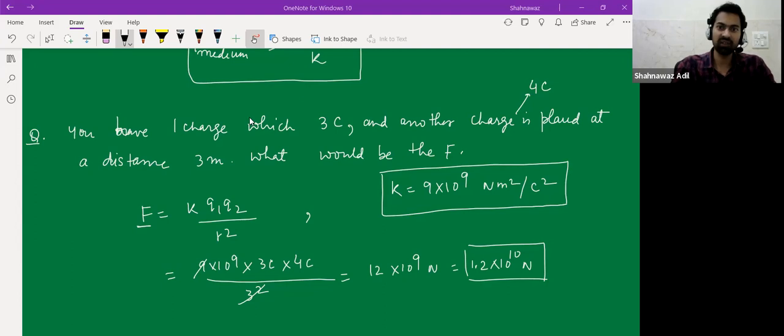Because you don't have the dielectric constant given. If you are given the dielectric constant, then it means that it is in some medium. But whenever you are not given the value of the dielectric constant, that means that it is in the air. Okay.